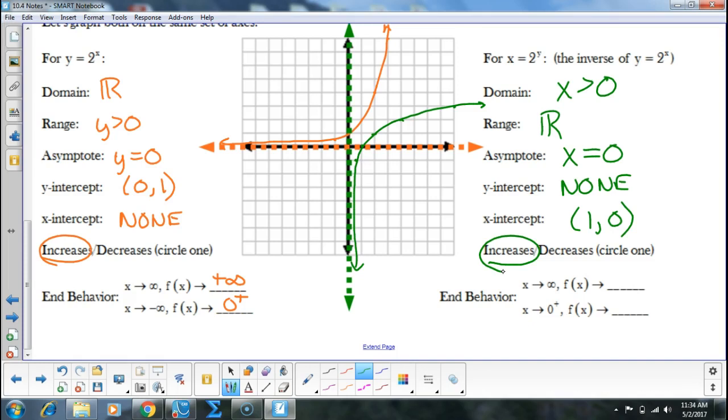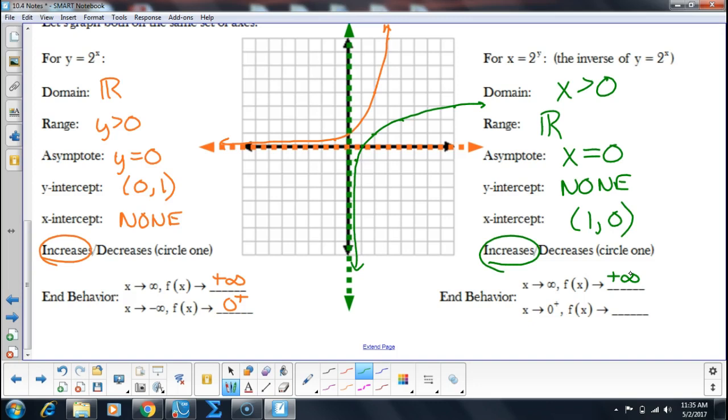End behavior. As x goes to positive infinity, it's going to positive infinity. Now that one's kind of hard to see, but those two actually did get switched. You can see it better going the other way. As x over here in orange went to negative infinity, my function went to 0 from above.